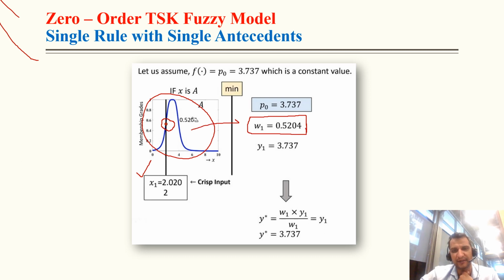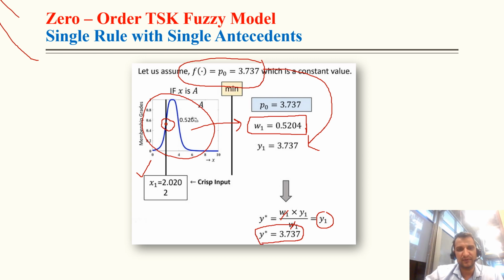The value of p0, which is a constant, will be reflected as y1 equal to 3.73. Now we want to calculate the aggregated output, that is y star, which will be equal to w1 multiplied by y1 upon w1. So w1 cancels w1, and finally it will be equal to y1, and the value of y1 is equal to 3.737. So this is the case with a single rule and a single antecedent.